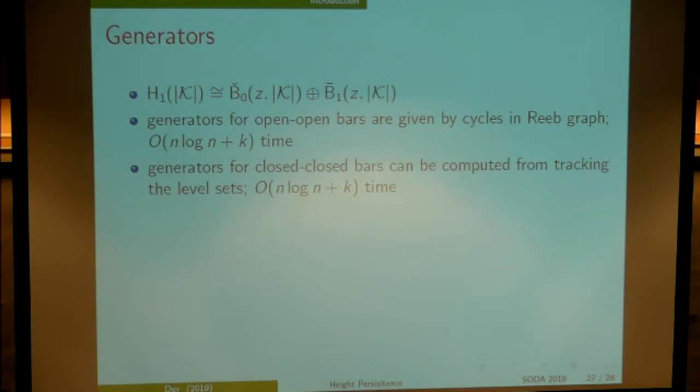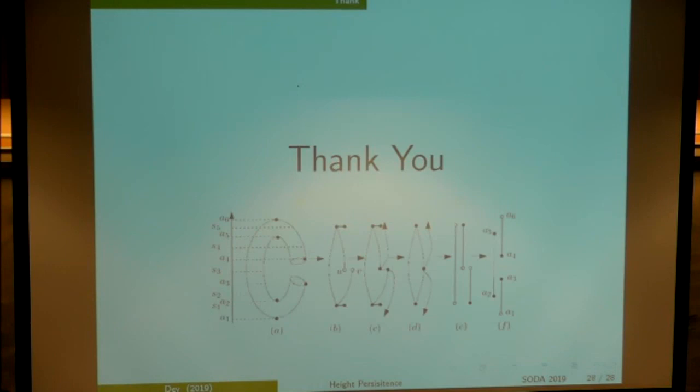It's linear in the output size of the cycle. Once I know the level, the n log n comes from this entire operation. So the generators I can compute in n log n plus k time. Okay, I think that's what it is. Thank you.